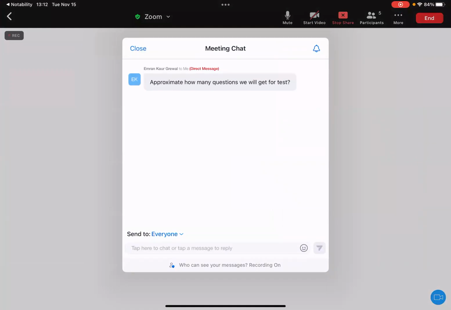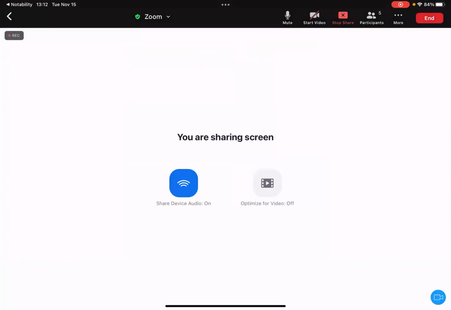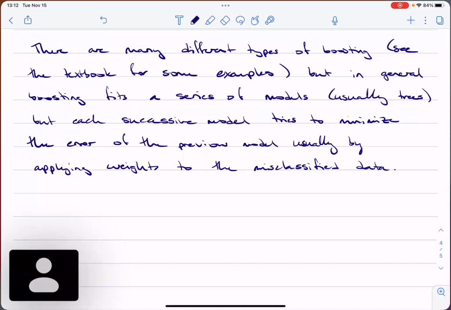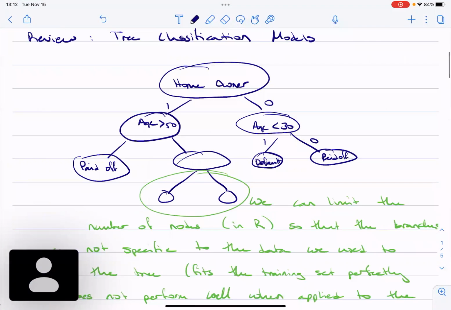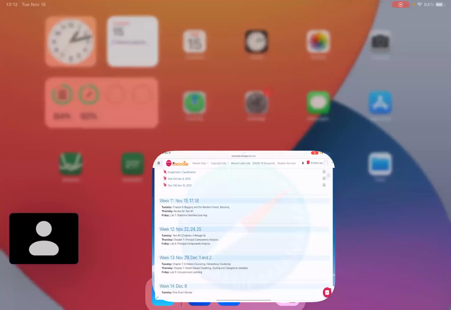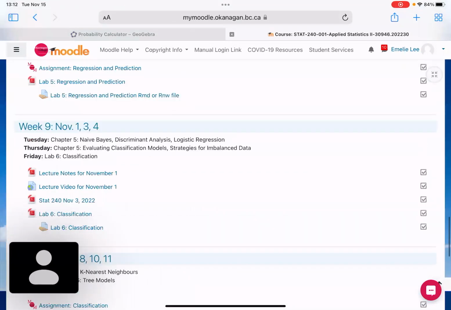Oh, I haven't put the test together yet. But I'll do that and I'll know more. I made class optional for Thursday. Class is always optional, but still, I'll post a little summary of the quiz on our Moodle page.